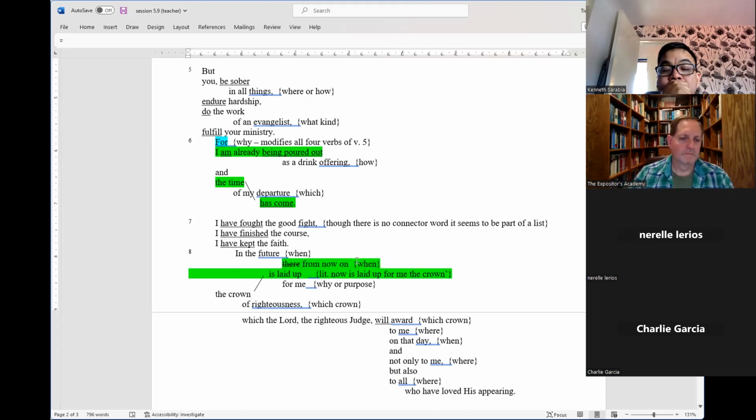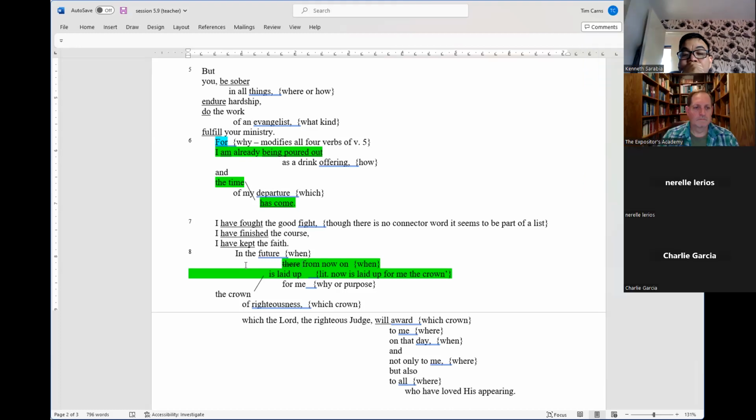For example, verse 6, I would consider it as Paul's motivation to Timothy by talking about the reality of the departure and death. Verse 7 is giving his own example as one who fought a good fight, finished the race, and kept the faith. And verse 8 is about the reward.